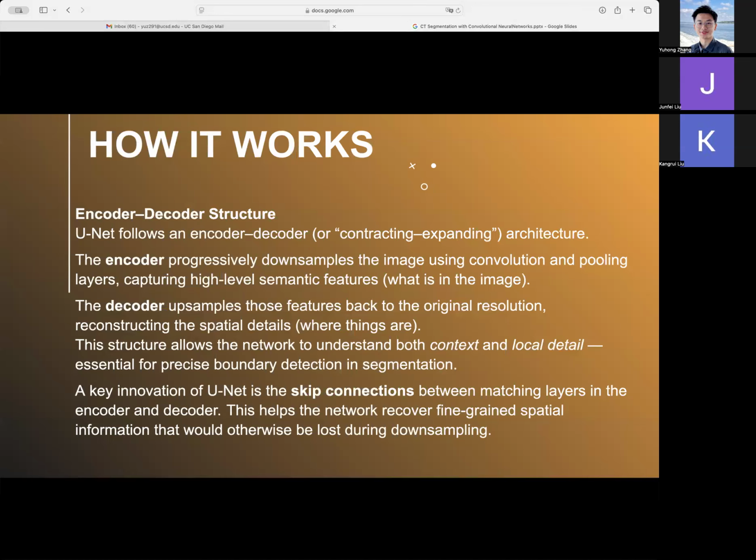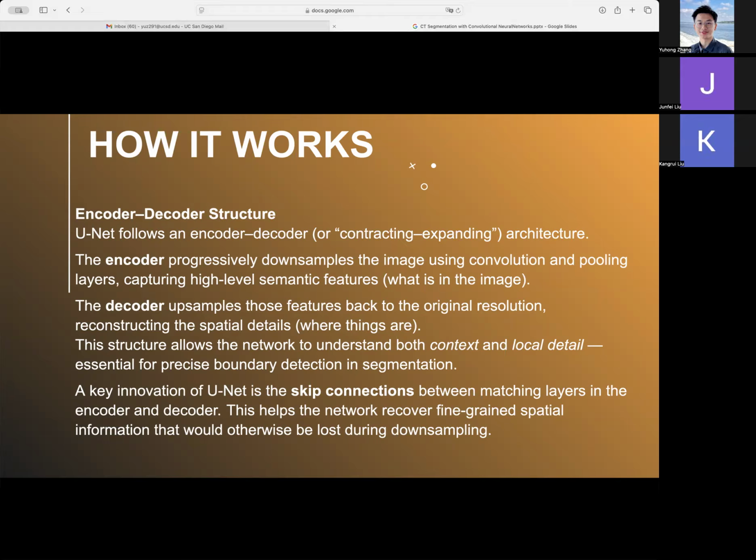How it works. The encoder, the left half of the architecture, progressively downsamples the image using convolution and pooling layers. This is used to capture the high level semantic features. And then the bottleneck forces the data to pass through only the most essential information of the images.